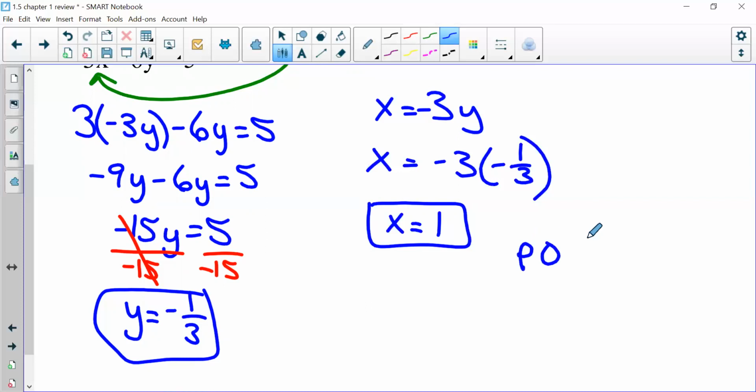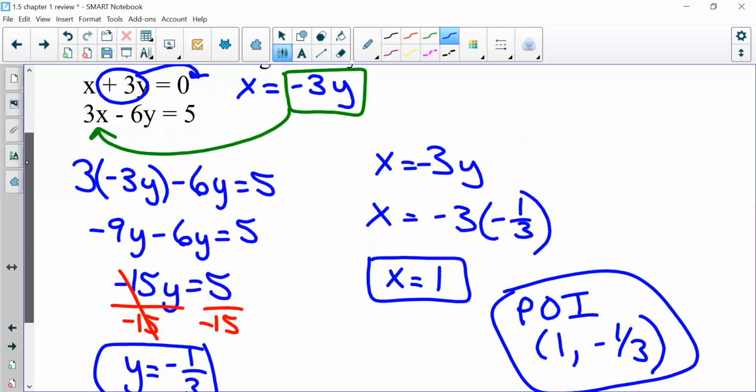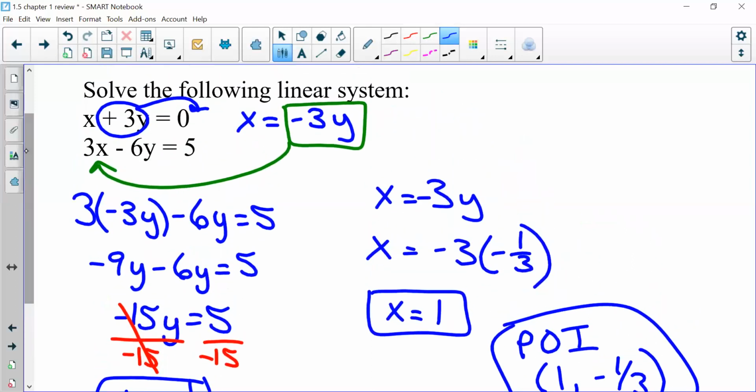Okay, so then we have this weird point. The next one's going to be elimination. Okay, so I said sometimes you start to question whether you've done it right. If I go back up to the top, I know that 1 plus 3 times negative 1/3 is 0. We just tried that one. 3 times 1 is 3.